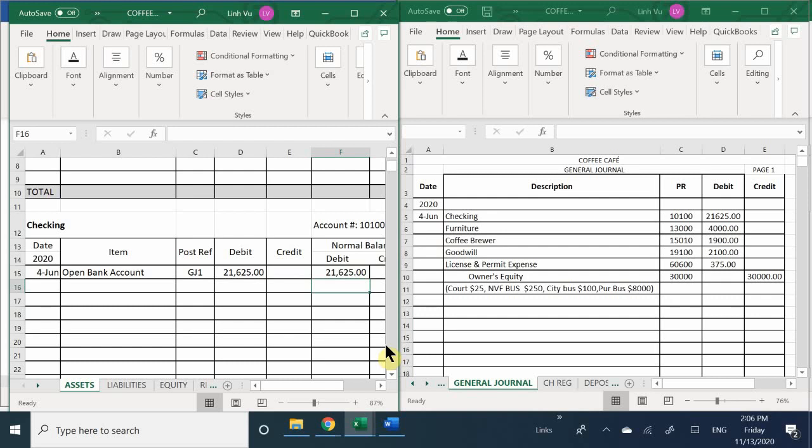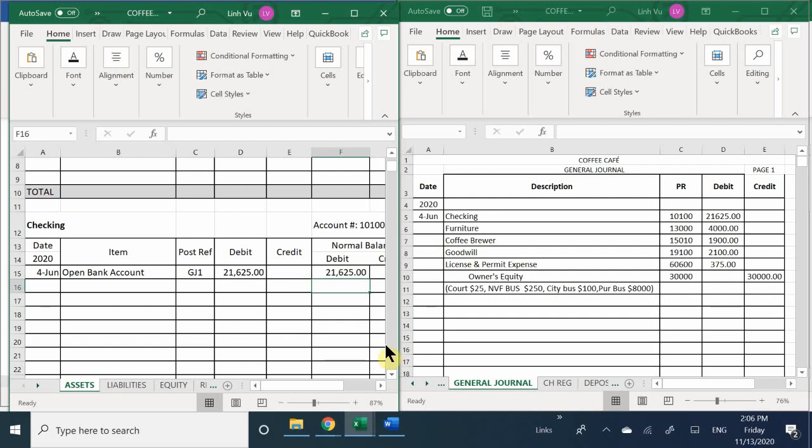I'll show you the formula on how to calculate a running balance when we dive into the second entry for our checking account. So that is how I complete my ledger. You're going to have to do this for every single account that you journalize. So this right here is what I have in my checking account.